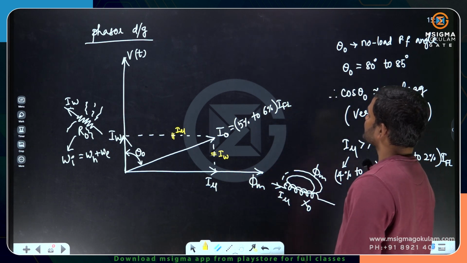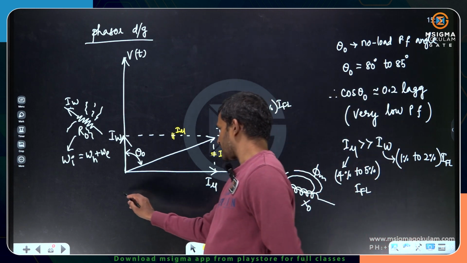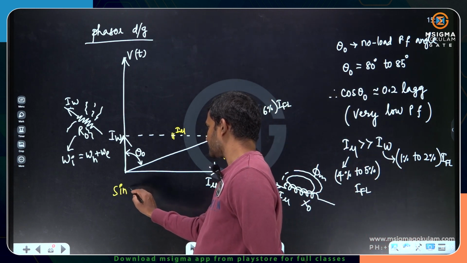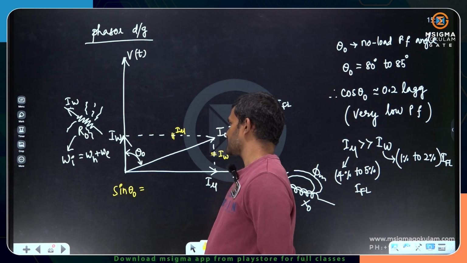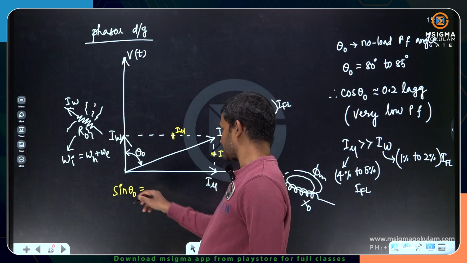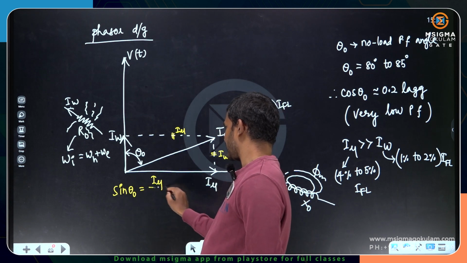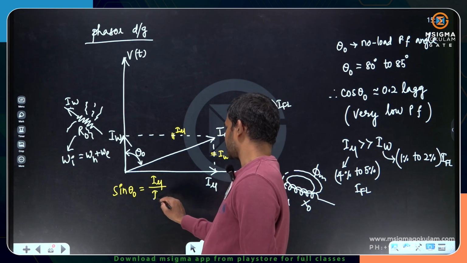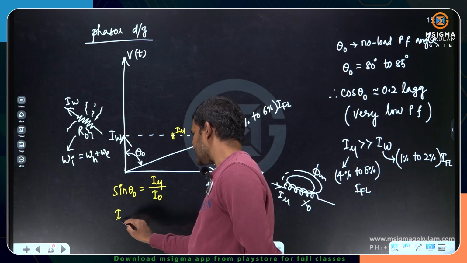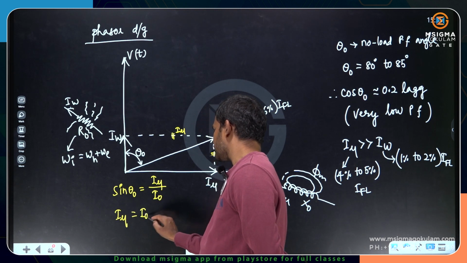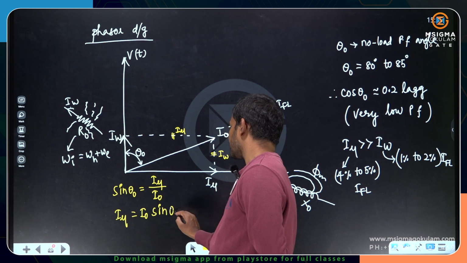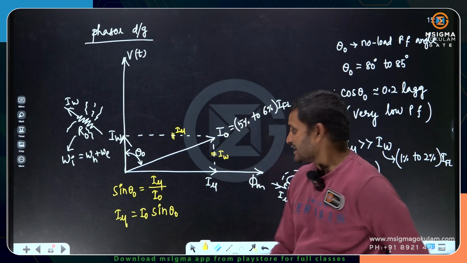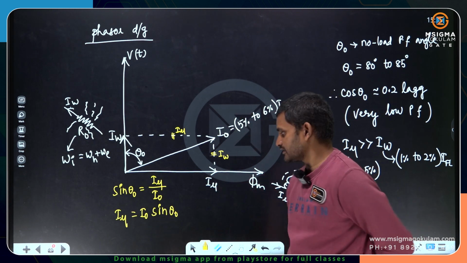Here sin theta naught is equal to the opposite side by the hypotenuse, that is I mu divided by I naught, the hypotenuse. So the magnetizing current is I naught into sin theta naught. The magnetizing current component is a sine component.